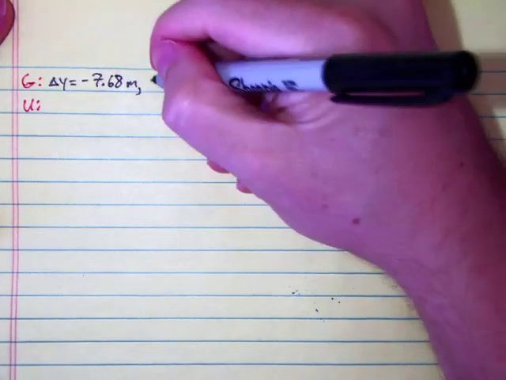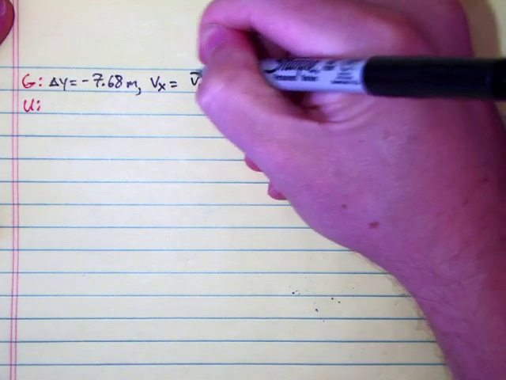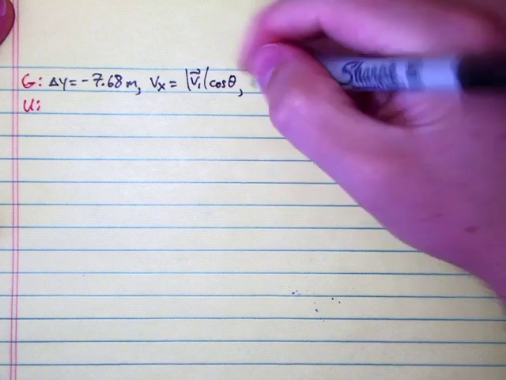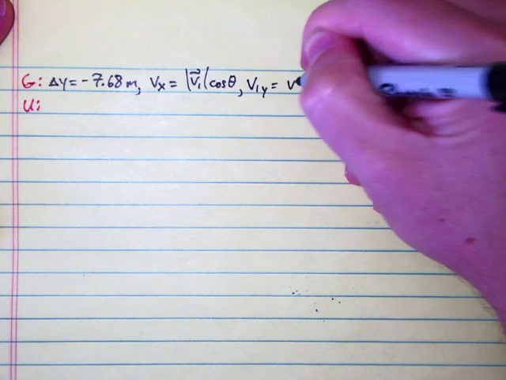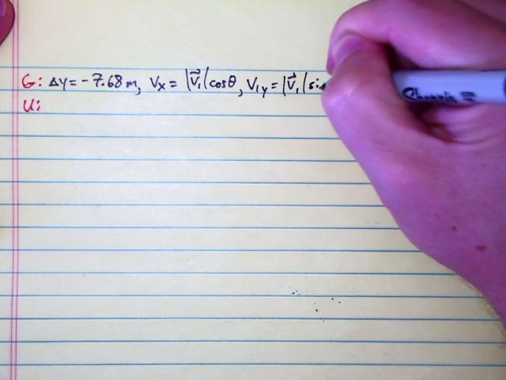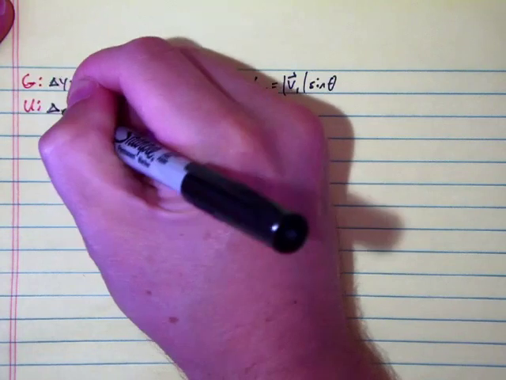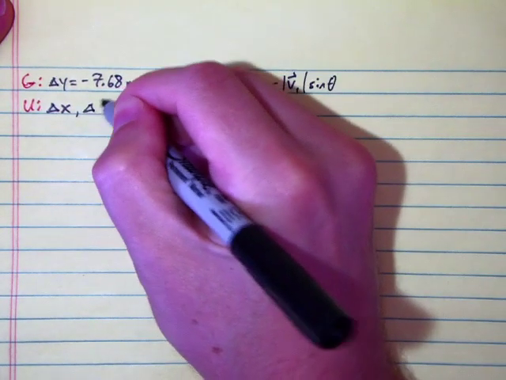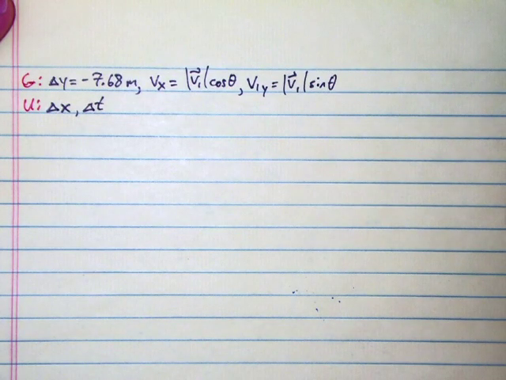We know the x component of his velocity from before, v1 cosine theta. We know the y component of his initial velocity. That was his initial speed times sine theta. We don't know how far he goes from event 1 to event 3. That's what we're trying to find. We don't know how long it takes from event 1 to event 3.